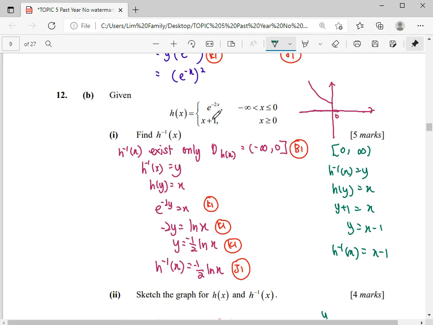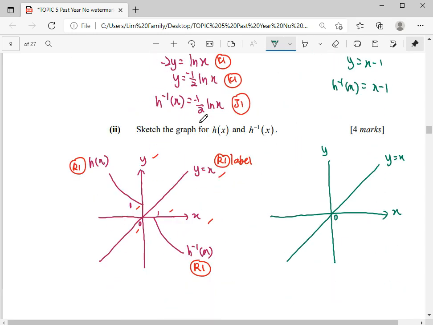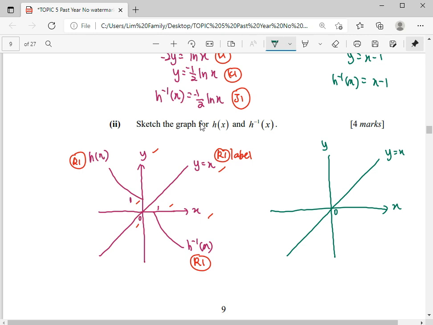Your x plus 1 has intercept at 1, gradient also 1. So both lines are parallel. So this is our h(x). When you reflect it, you can see your reflected function here. All three lines have the same gradient, so they are parallel to each other.